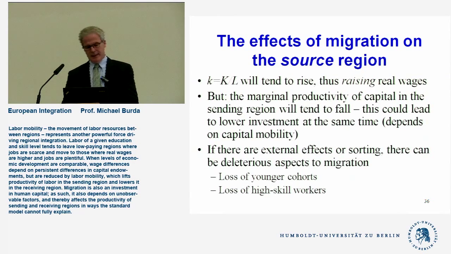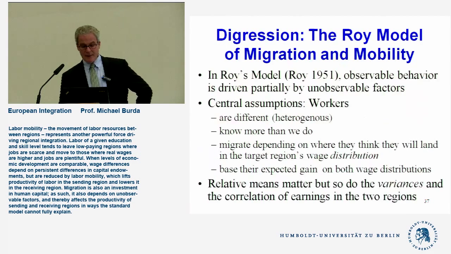In addition, and we'll come to it in a second, you also need to remember that when migration comes, it creates external effects. Migrants may need schools, they may need hospitals, you may need more infrastructure because cities tend to be clogged up. And if you need to raise money to pay for that, you have to raise taxes. So there are all sorts of implicit problems involved.